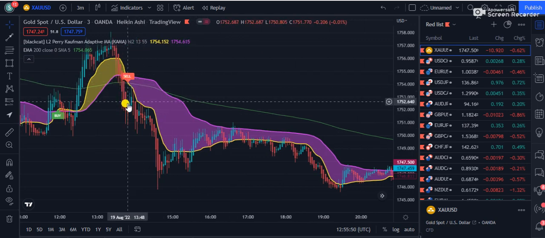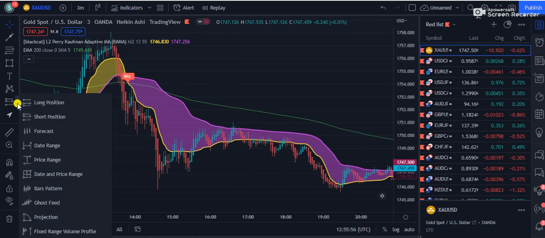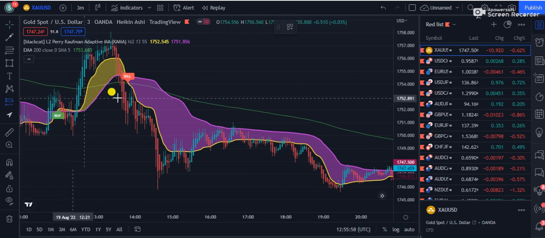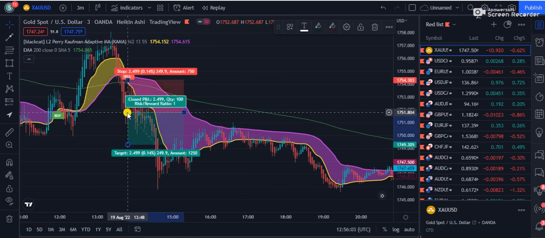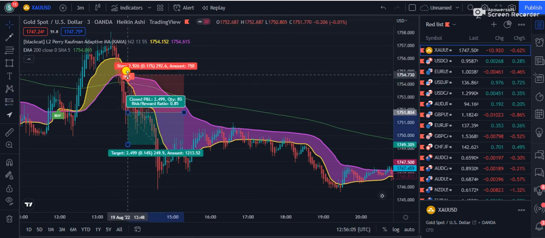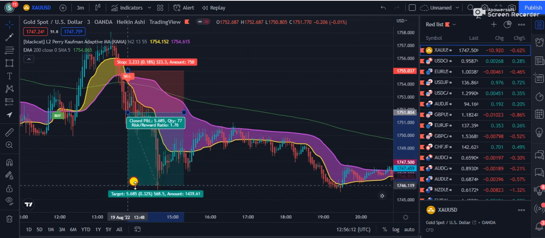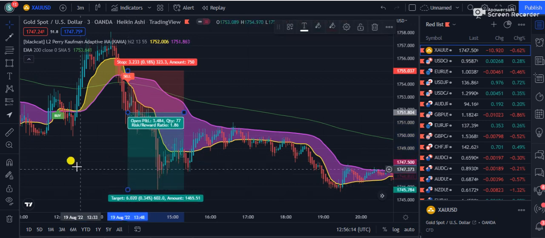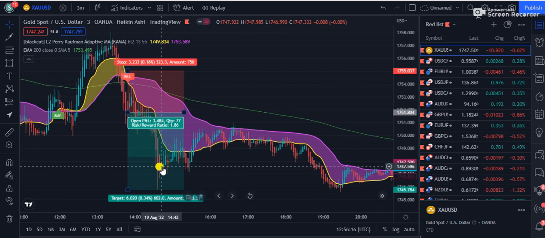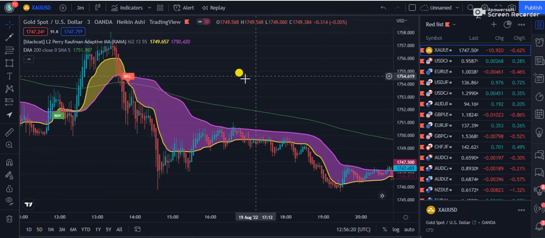Here we have received a sell signal from the first indicator that we are using, the L2 Perry Kaufman. So let's say we are going to take a short position on this candle, because on this candle it has highlighted a short position. We will set the stop loss at a bit higher point, the previous high. And on this trade, if you look here, we were easily able to catch a 1.86 ratio, right? So this is the sell scenario.